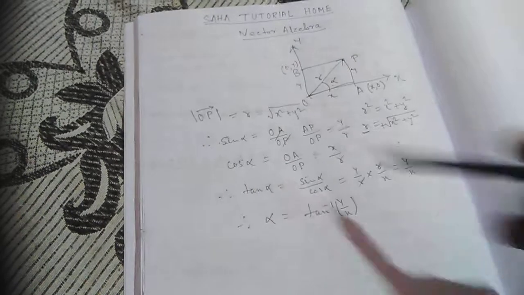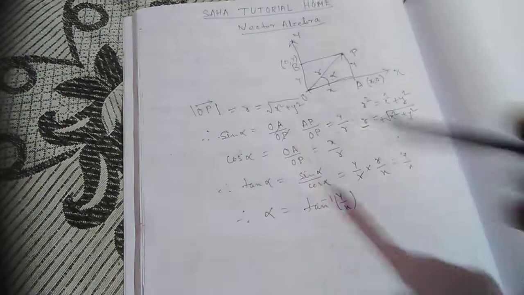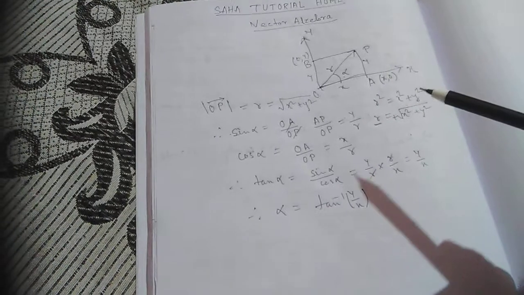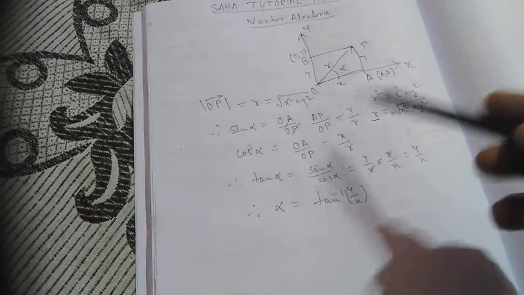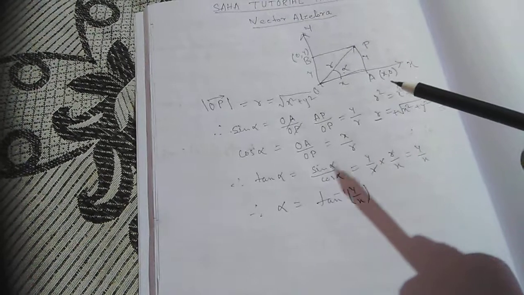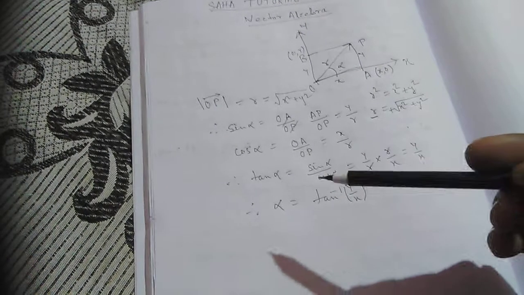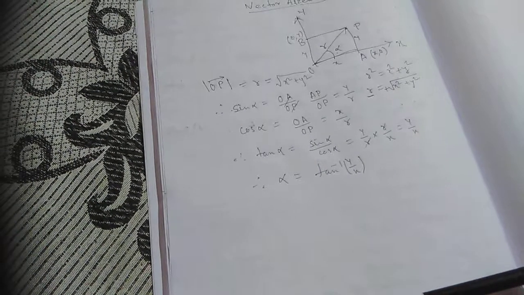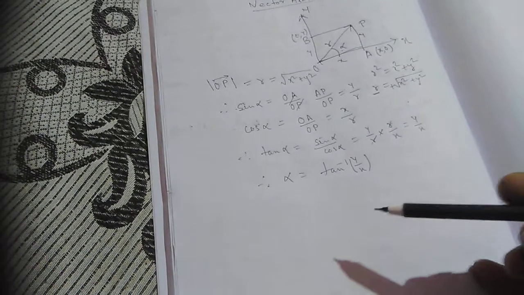Position vectors, as I have described, we can calculate its magnitude or its direction, and the position vectors also meet the requirement of basic properties like addition, subtraction, multiplication, as well as division, it can be said.